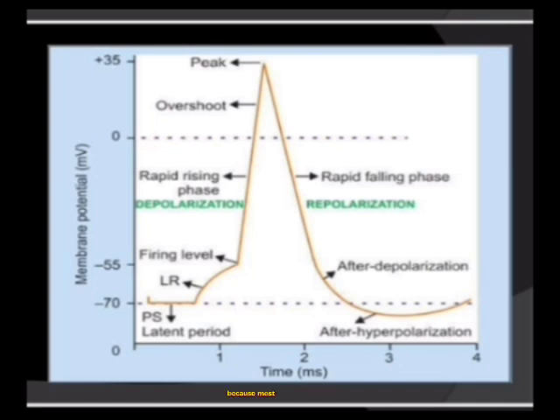Because more sodium ions are entering into the cell from the exterior. As soon as the polarization reaches its peak, the sodium ion channel or pump closes, preventing more sodium ions from entering the inside of the cell. So what happens? Depolarization ends, and that is when you see the graph begin to come down.